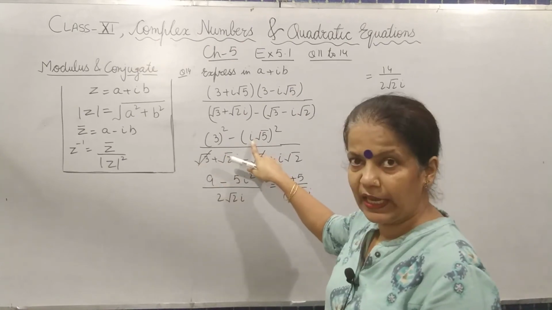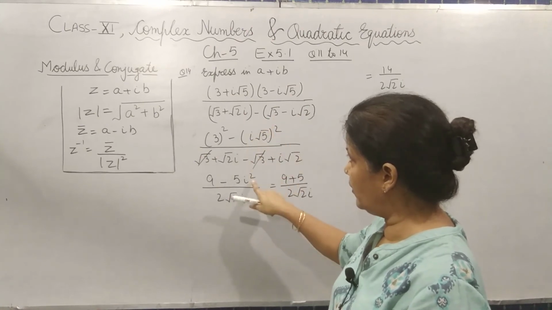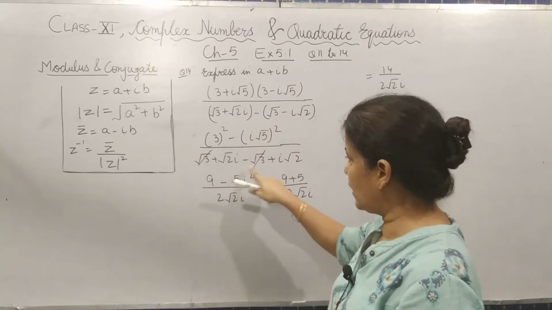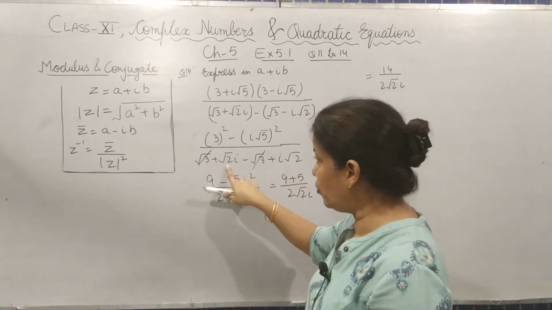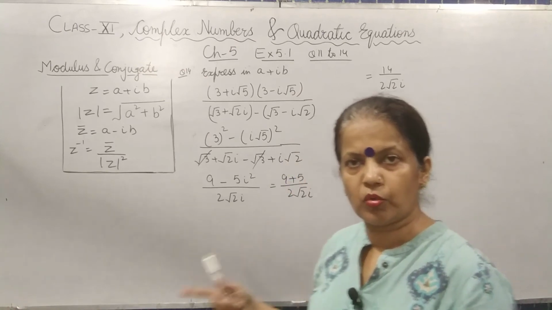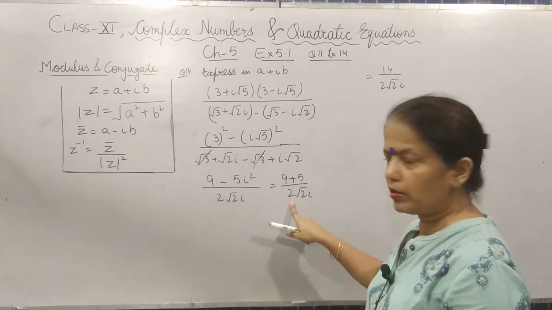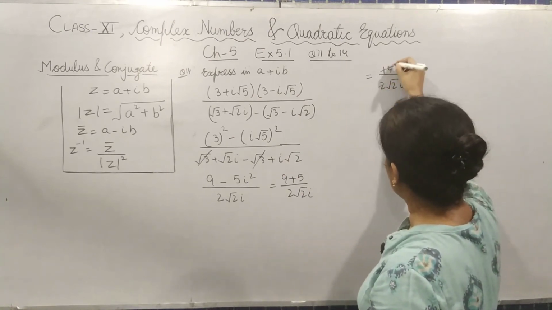Now take care of iota. If you make it square, I square value is minus 1. And root 2 iota plus root 2 iota will become 2 root 2 iota. Now cancel it.